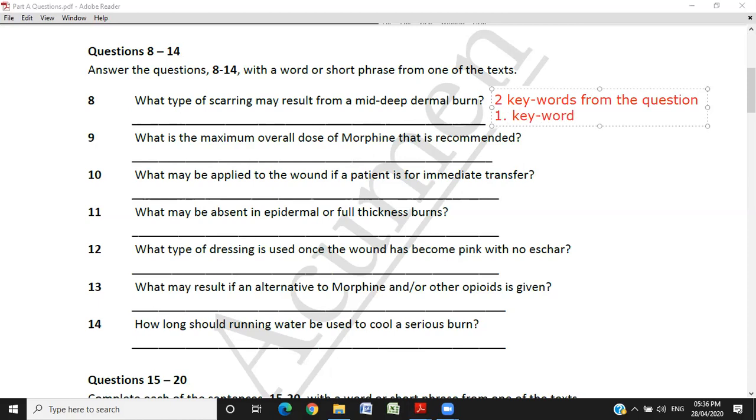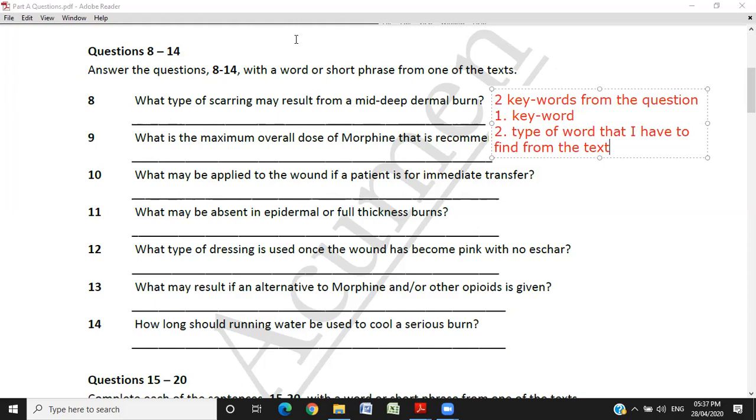One would be a keyword, and the second would be the type of word that I have to find from the text. So we have to locate two keywords from each question. I'll show that to you for the first two questions, and then I would ask all of you to find that out for the next 5 questions.